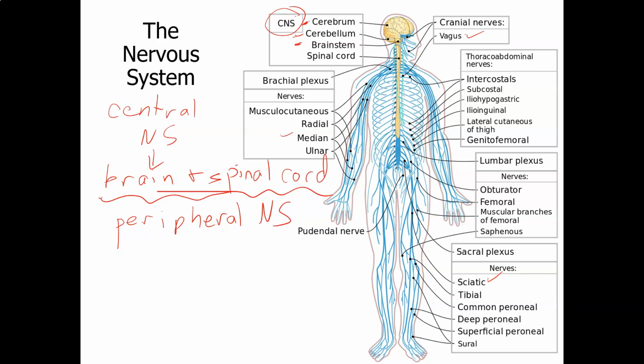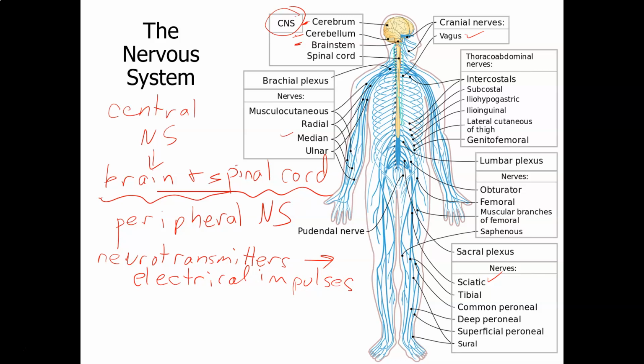One more thing about the nervous system. Okay, it's a control system, but the way that it sends signals is through electrical impulses. So it uses chemicals called neurotransmitters to trigger electrical impulses that travel very quickly through your nerve fibers throughout the rest of your body.